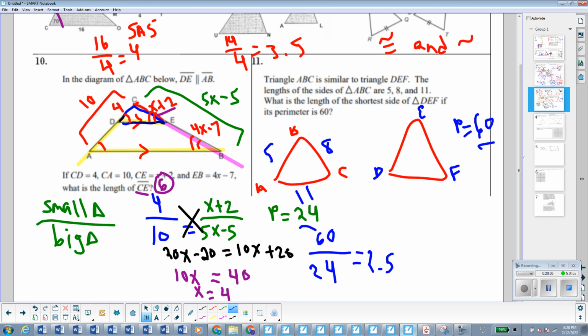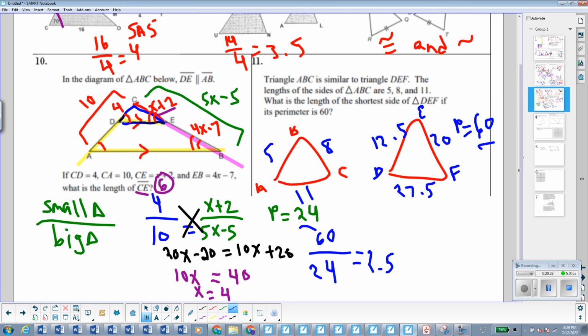So if I multiply 5 by 2.5, I get 12.5, so that's the side over here. If I multiply 8 by 2.5, I get 20, so that's the side here. And if I multiply 11 by 2.5, I get 27.5, and that's this side over here.